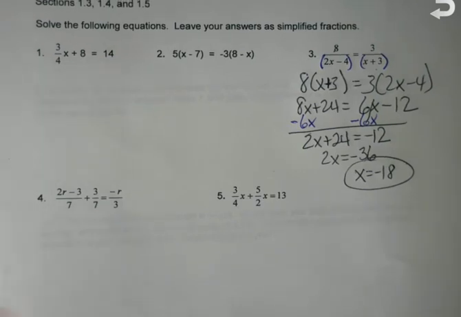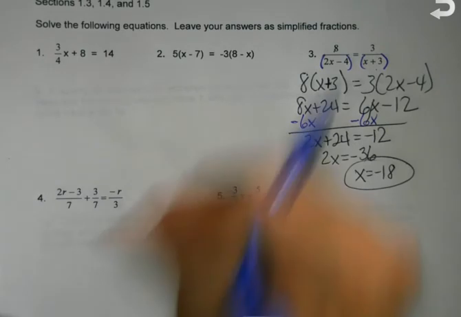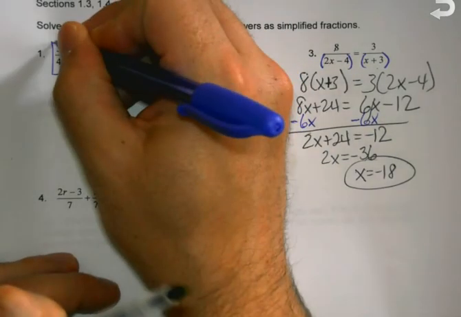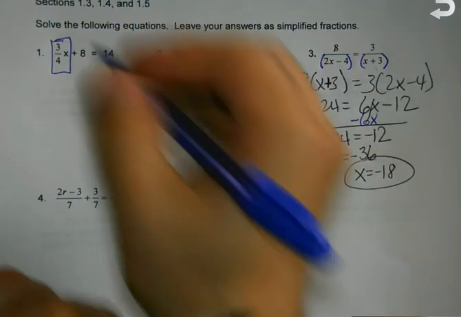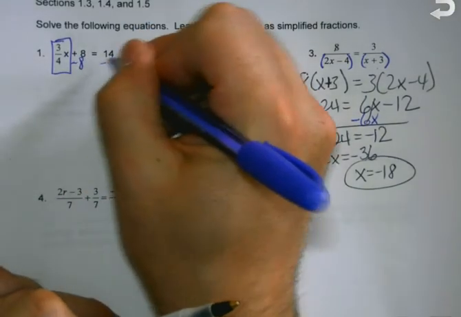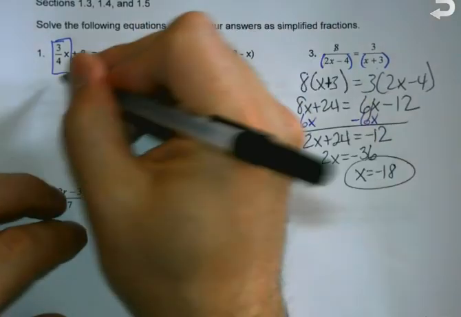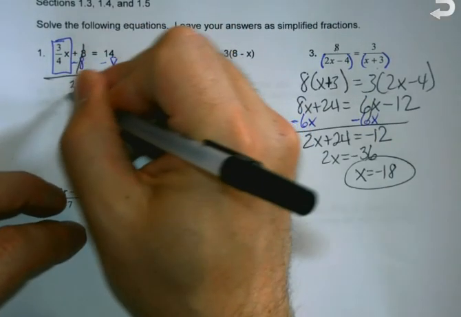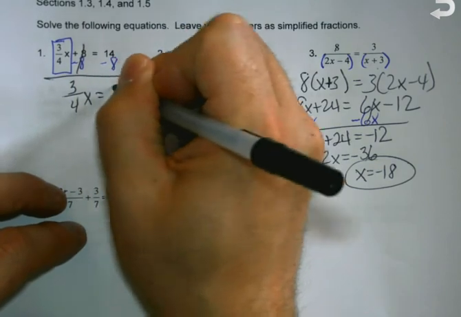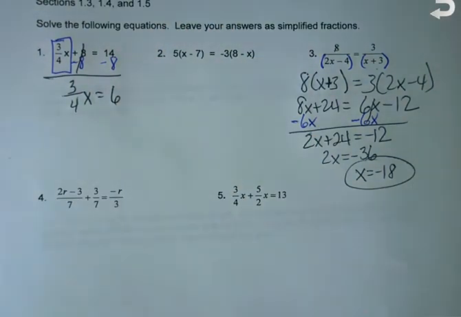Okay. So here again, same thing kind of applies. I want to get my variable term alone first, if possible, before I start trying to deal with getting rid of the fraction. And again, some of you take this on different ways.